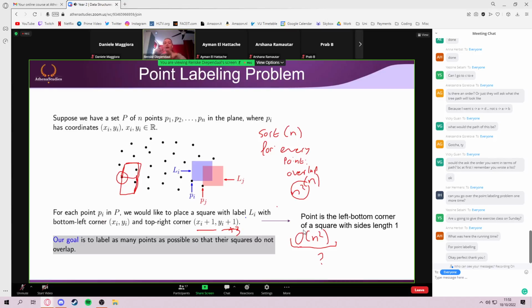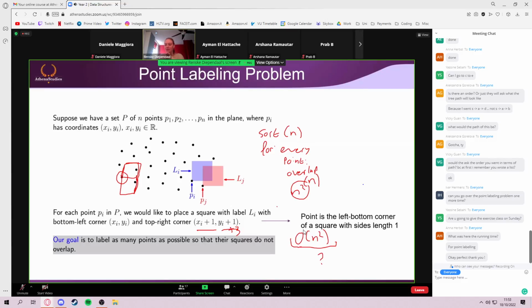You try to put a square, and then within this point you also need to check which of these points are now overlapping and need to be excluded. So I'd say for each point that you have, you do n checks of whether other points overlap, so that makes it n squared. But I'll see if I can find a more official answer.